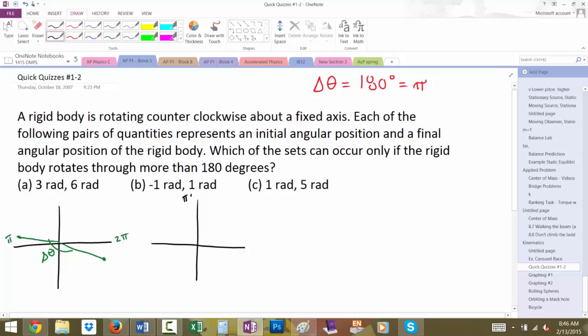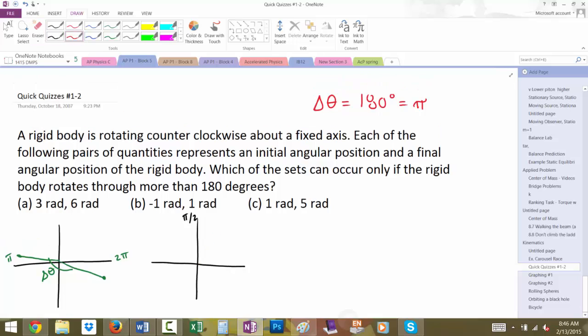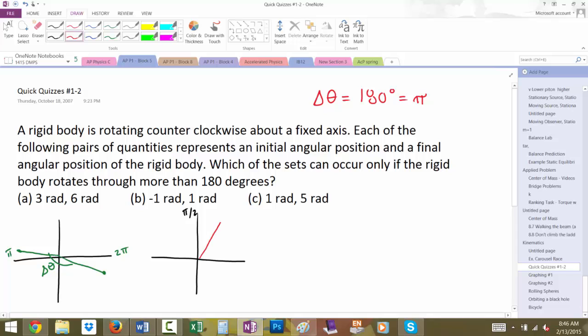Pi over 2 is going to be a little more than 1, right? So it's going to live somewhere over here. There's positive 1. That's the final. The initial is the same distance down, like this. And so that would be your delta theta. Is that bigger than 180?